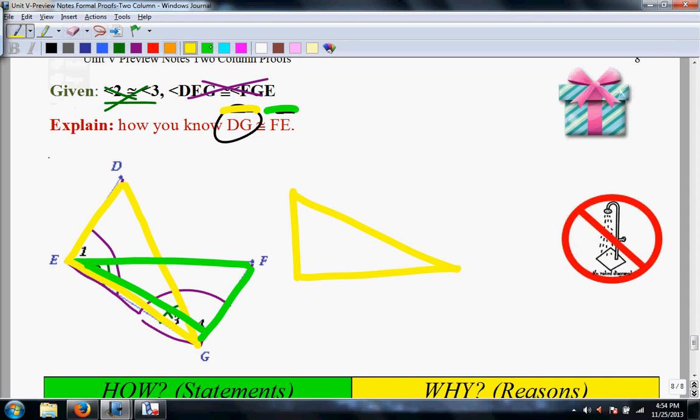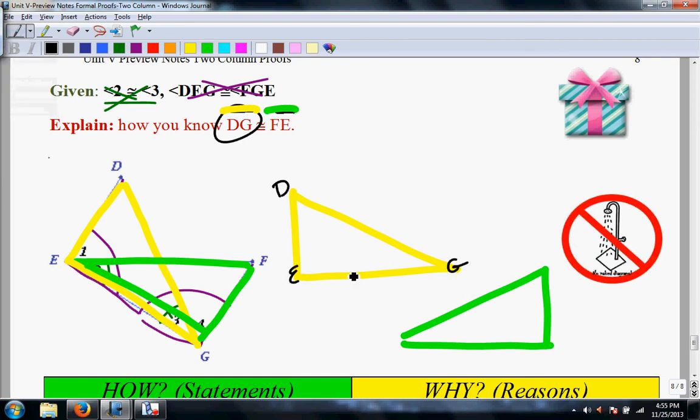I'm going to make them look face to face so it's a bit easier to spot these. So here we have D, E, and G, and then this right here is angle 3. And then here is FGE, and this right here is angle 2.